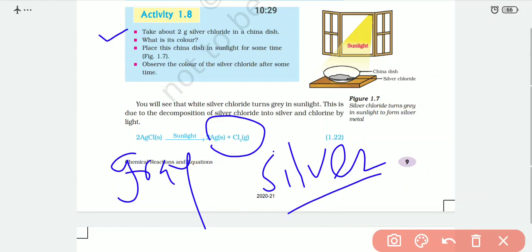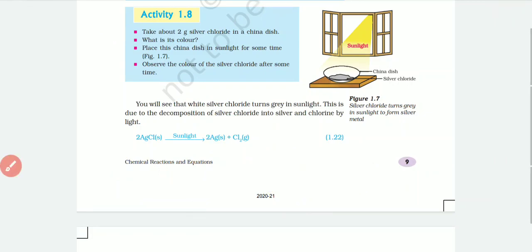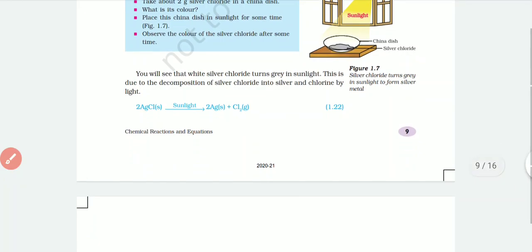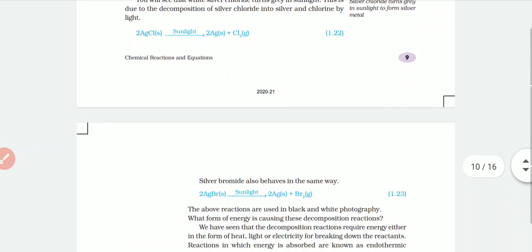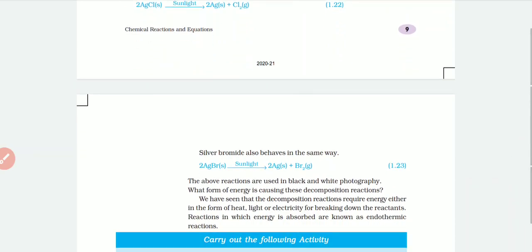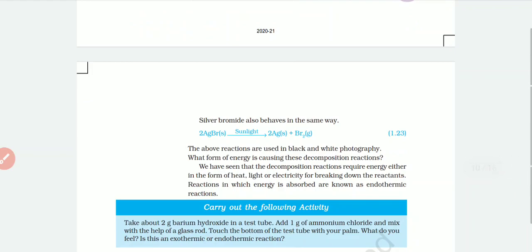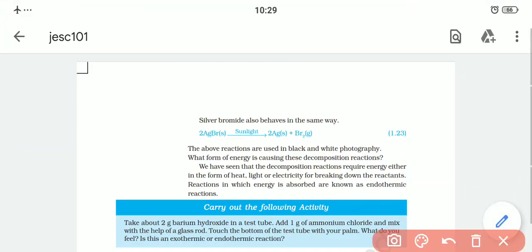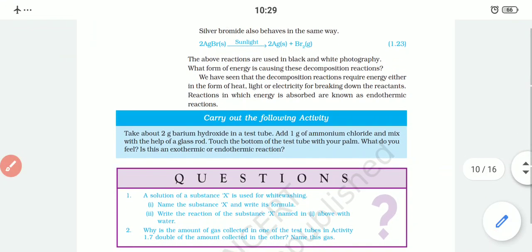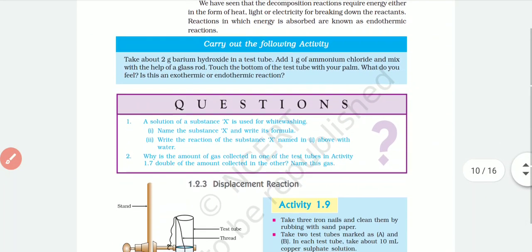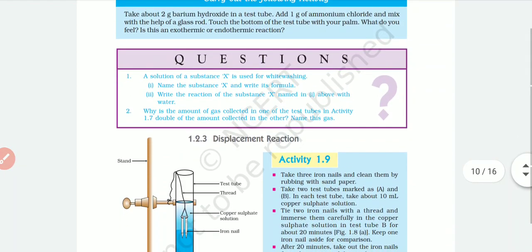So it is also a decomposition reaction, in which grey AgCl converts into Ag, silver. In the same way, silver bromide in the presence of sunlight breaks into silver and bromine. These are also examples of decomposition reactions. Now there are some questions, you have to solve them.